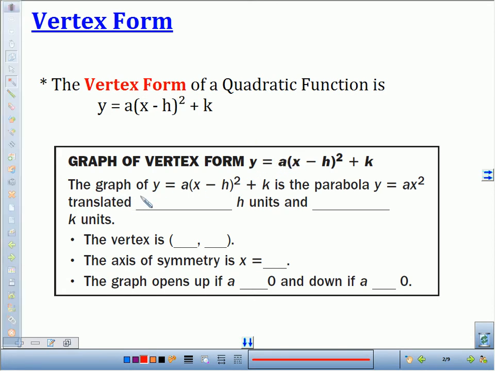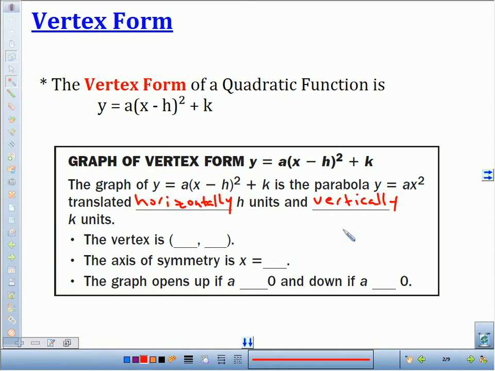The graph of y equals a times (x minus h) squared plus k is the parabola y equals ax squared translated horizontally h units and vertically k units, just like the absolute value functions.